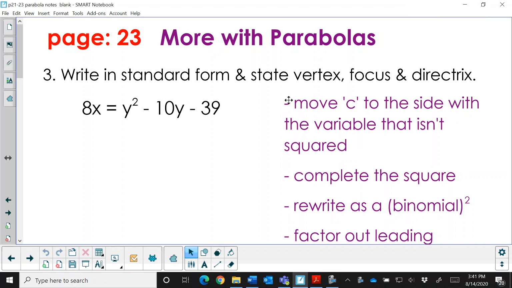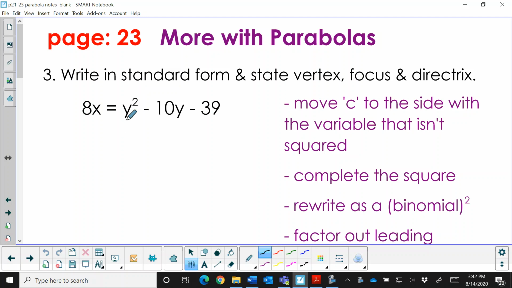Now let's look at how to change a parabola from non-standard form to standard form. So this will be page 23 in your interactive notebook. It says write the equation in standard form, state the vertex, focus, and directrix. The first thing you want to do is look at which term is squared.